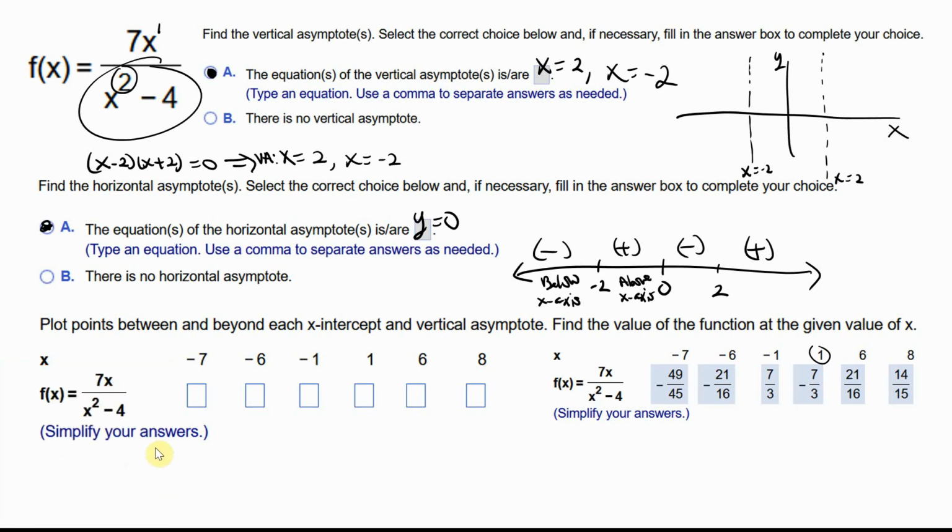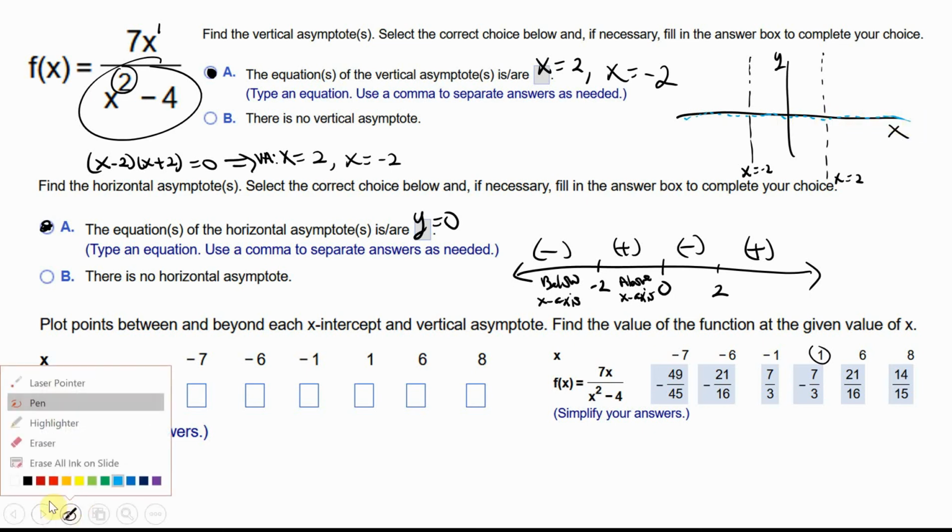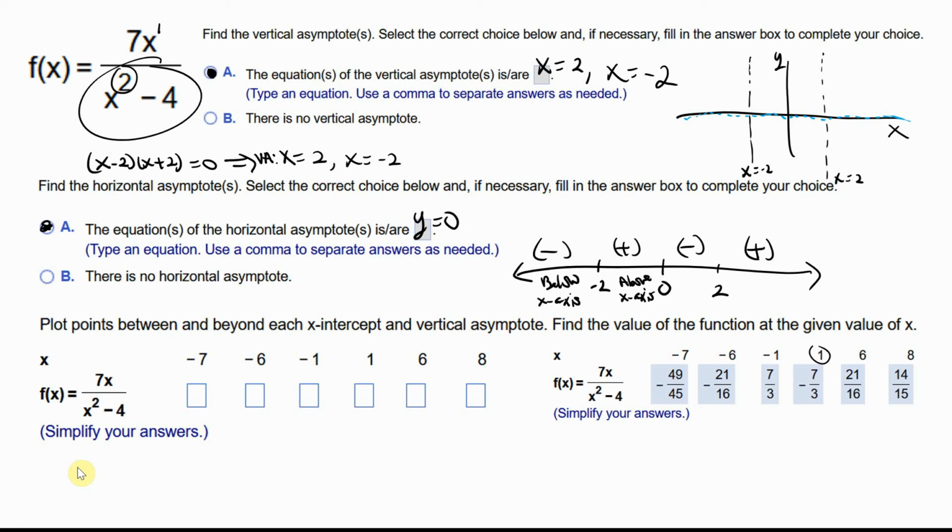Let me put those dots on top of that. Oh, it touched down. It did cross. It crosses at the origin, right?